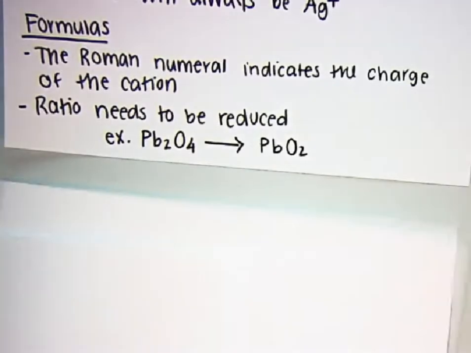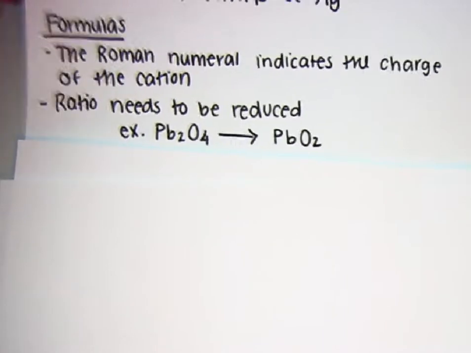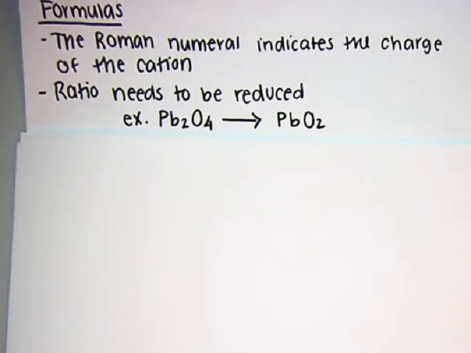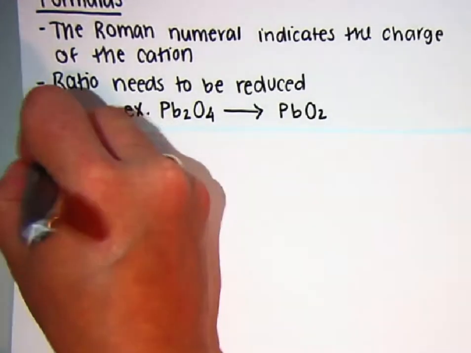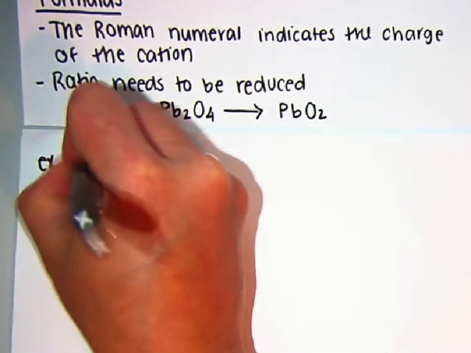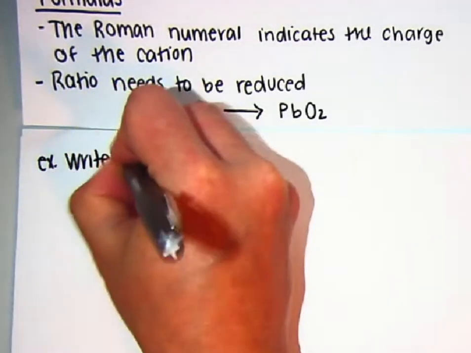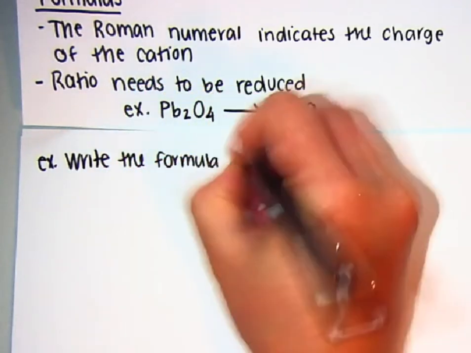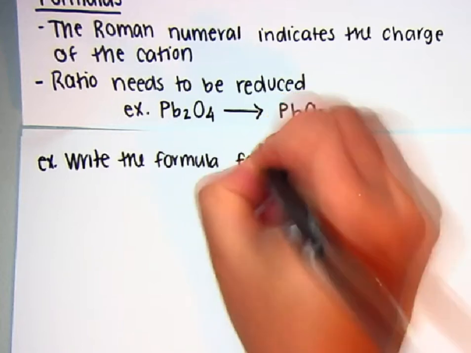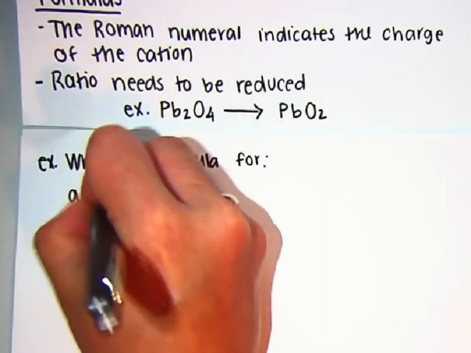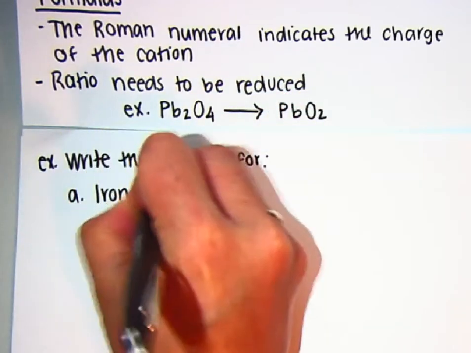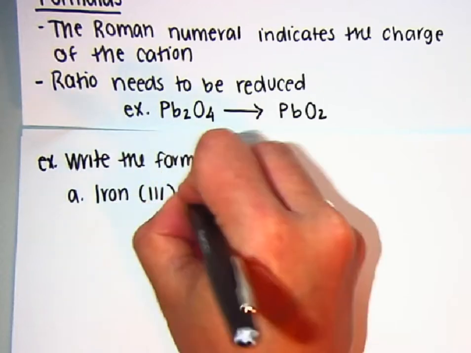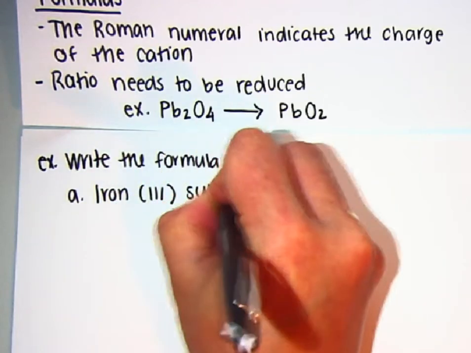Okay, so let's look at some examples. Write the formula for iron 3 sulfide.